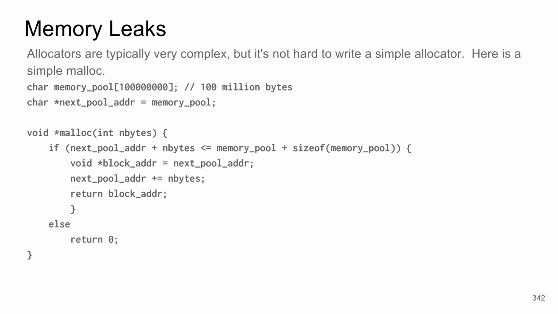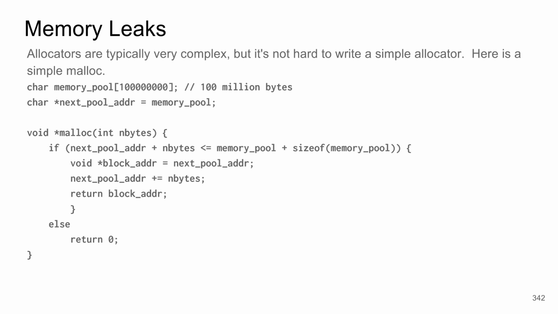It essentially says if whatever the address of our next pool that we'll give out is, plus the number of bytes we have, is less than or equal to the memory pool starting address plus the size of the memory pool, then we create a void pointer start block address, which we set to whatever next pool address currently is.